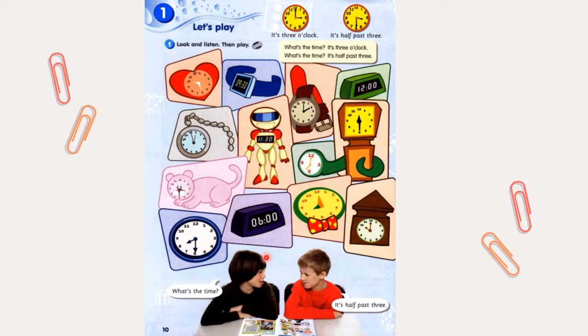Well done. Alright, now I want you to point to 11:30. Which one is it? Yes, that's right. Okay, next. Which one is 9:30? Yes, that's right.